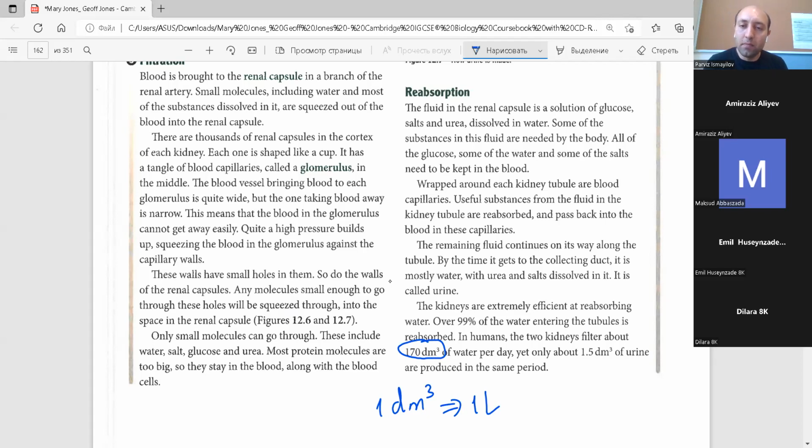And in a day, we will have, on average, 1.5 liters of urine. Of course, there are many factors which are affecting this. If I'm drinking a lot of water, I will have more urine. Or if I'm in a cold area in winter, we will have more urine. If I'm playing football and sweating, we will have less urine. You know, these factors are affecting it.